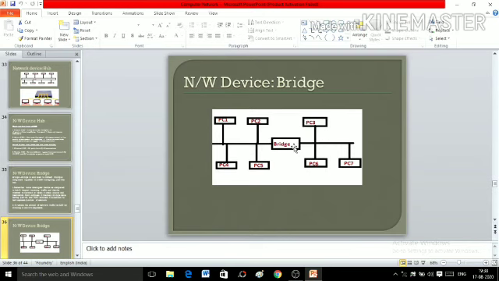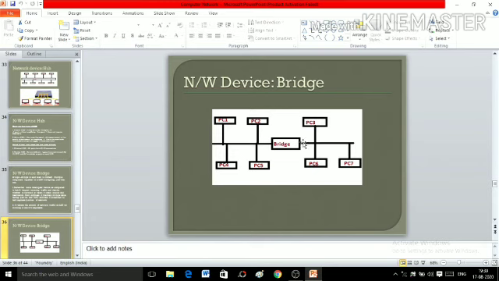Bridge actually contains a bridge table having port number and computer systems attached to that port. In this case, this bridge has two ports, port number 1 on the left hand side and port number 2 on the right hand side. The bridge table contains the entries that at port number 1 there are PC1, PC2, PC4 and PC5.